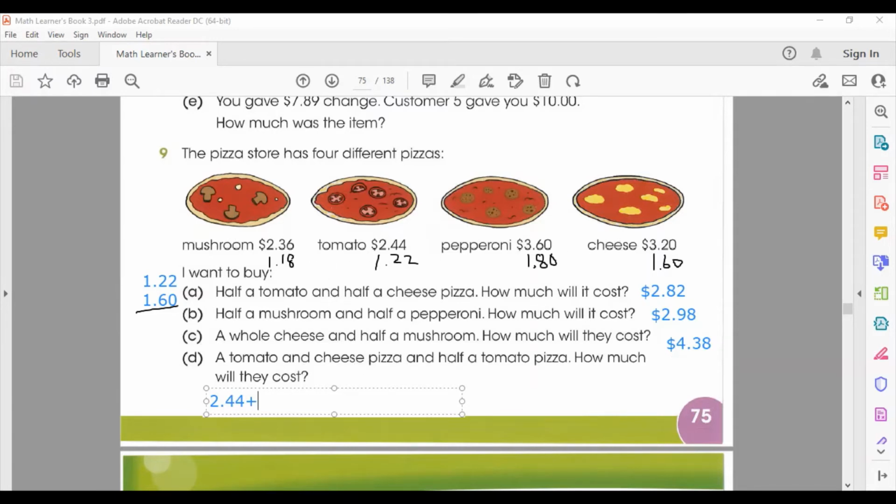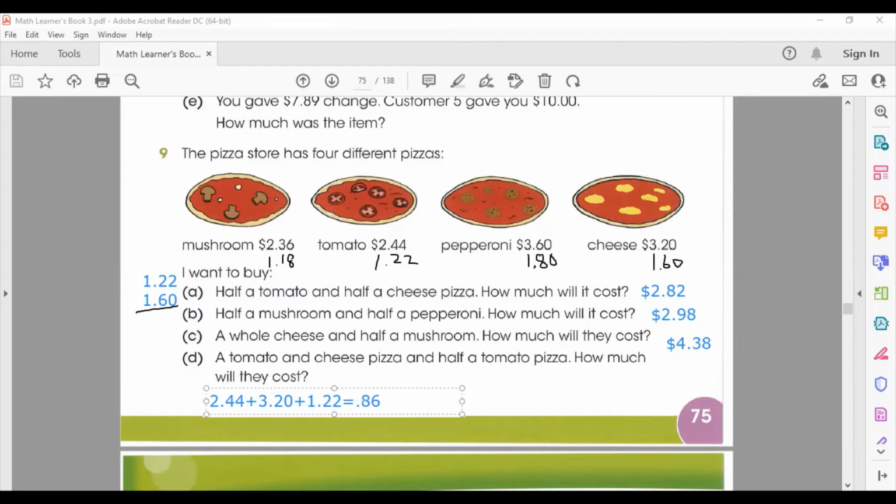Cheese pizza $3.20, not half, full price, plus half a tomato pizza, $1.18. Adding these, then the point.